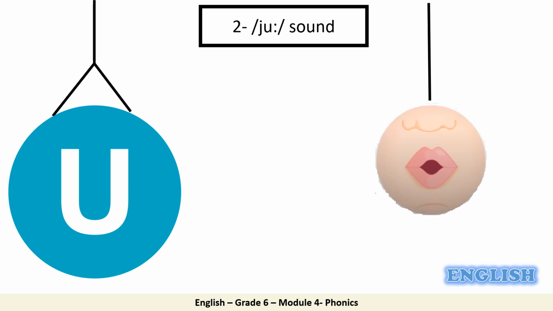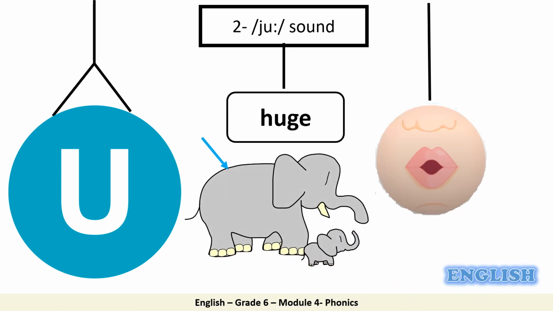U. Again. U. Very good. Now, I'd like for you guys to think of a word with the same U sound. That's correct. Very good. Huge. One more time. Huge. That's right. So the U sound as in huge. Very good.